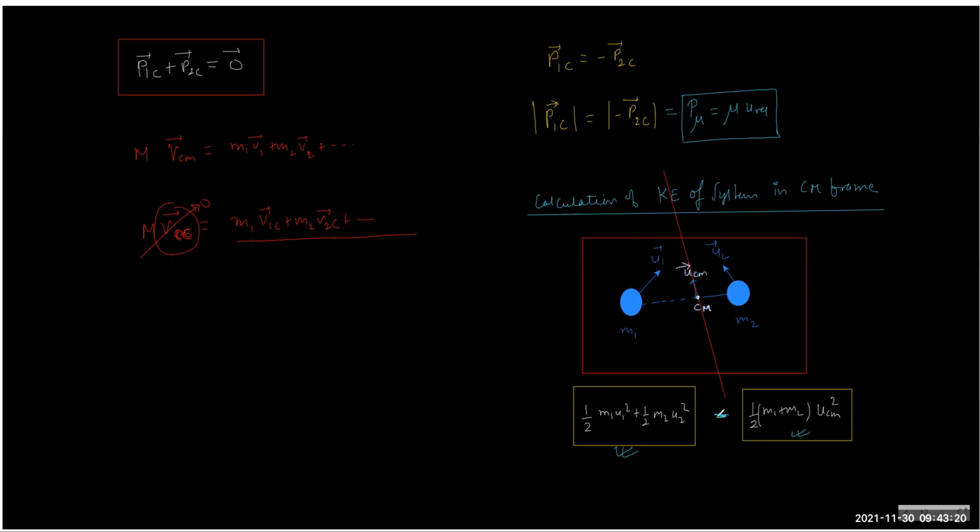And the difference of the two will be the energy which we call the energy available in the center of mass frame. Why? Because if someone is sitting on the center of mass, he will see the center of mass at rest. But at the same time, he will not see U1, U2, he will see U1C, U2C.